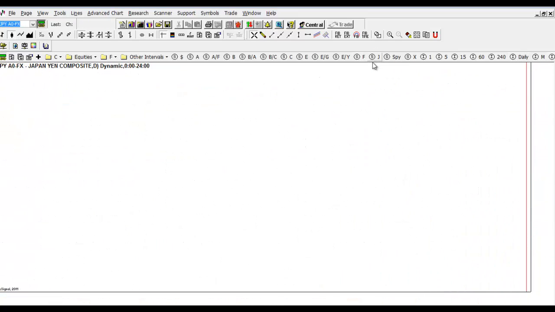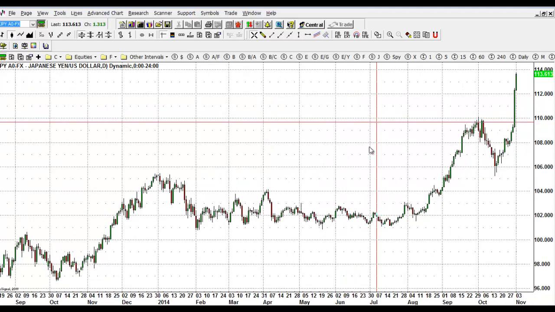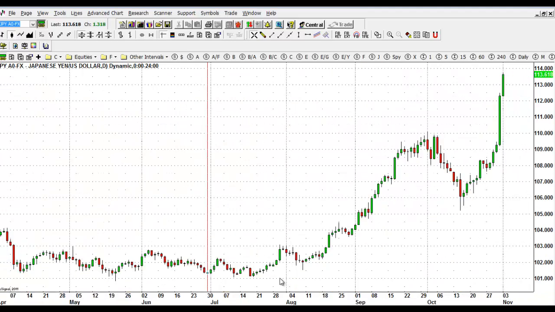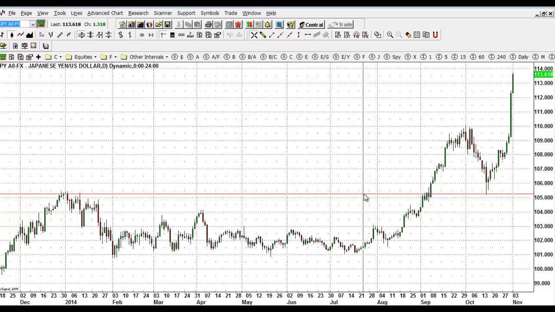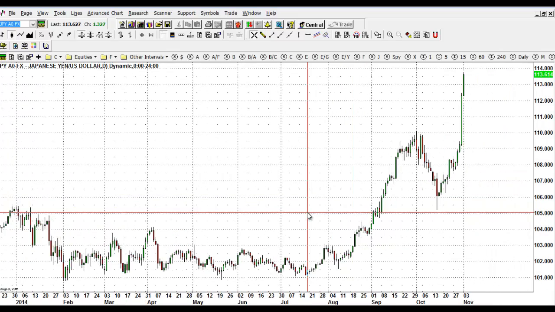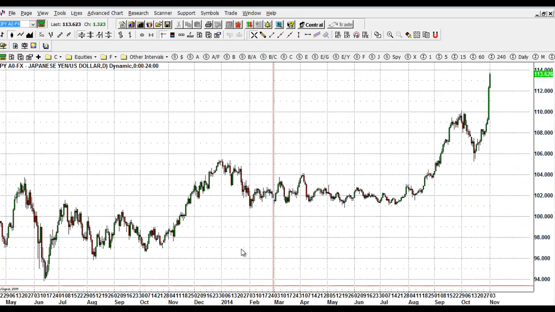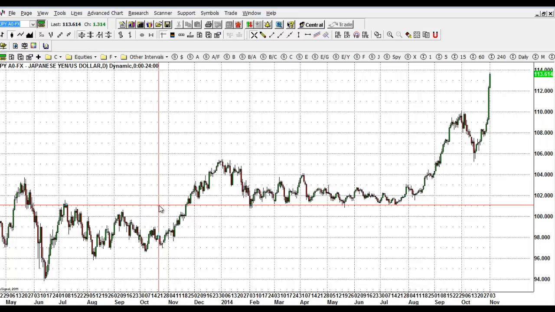Taking a look at the Japanese yen, we see that the market has really taken off, and this is one of the reasons why it's important to follow trends. The Japanese yen is in a huge uptrend here. And the Forex income system members were able to take advantage of this move up.